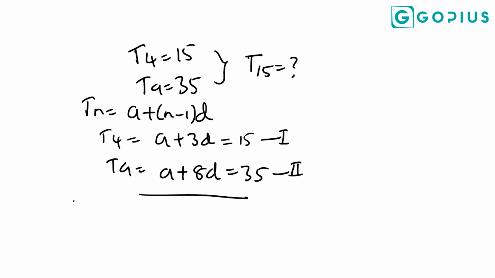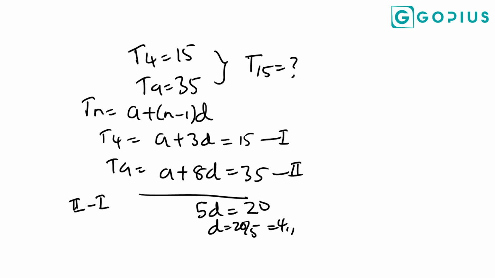We can quickly say equation 2 minus equation 1, using the elimination method. So a minus a is gone. 8d minus 3d gives us 5d. So we have 5d is equal to 35 minus 15, which gives us 20. If we make d the subject, we have 20 divided by 5, making d equal to 4. So we've gotten d as 4.